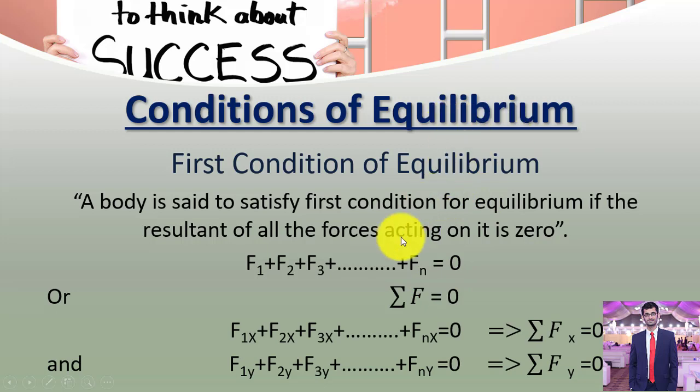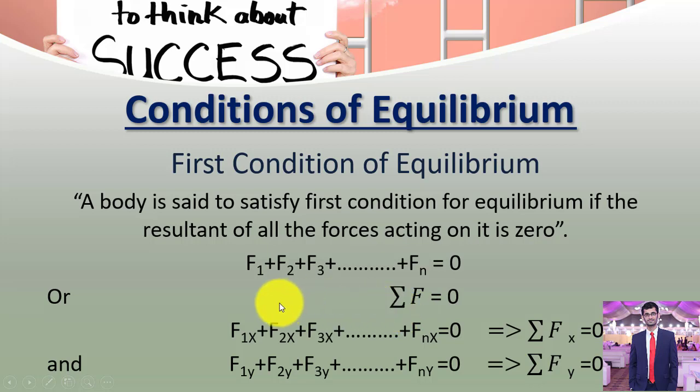And we can explain this situation by this mathematical expression, which is sigma F is equal to 0. Sigma is a letter that is used for summation.